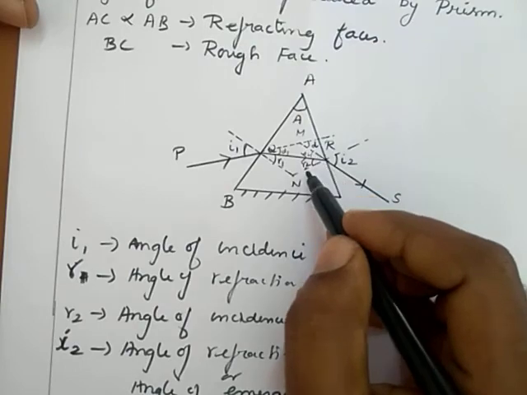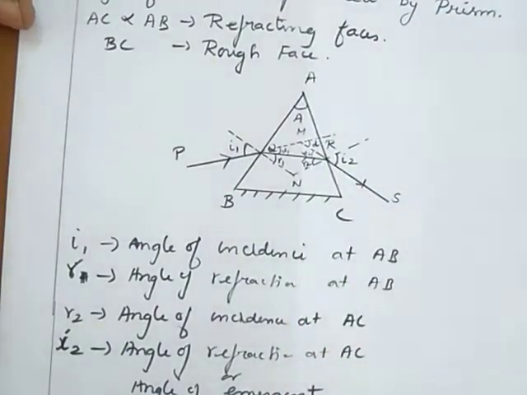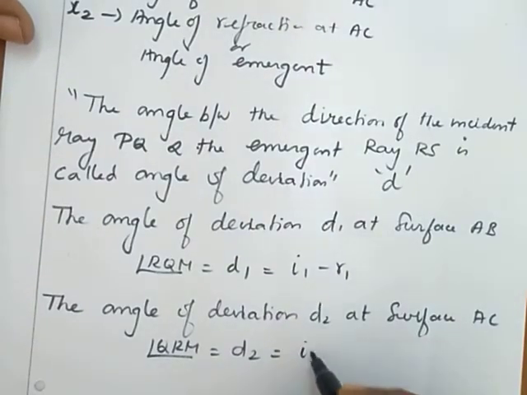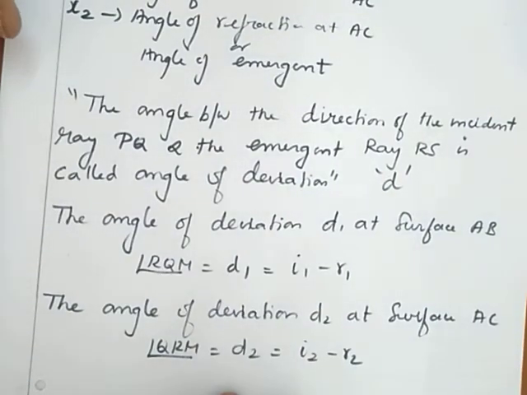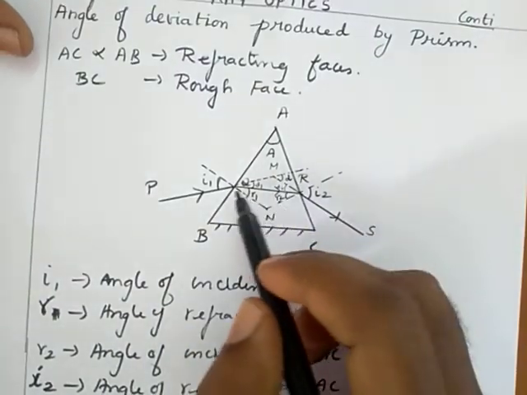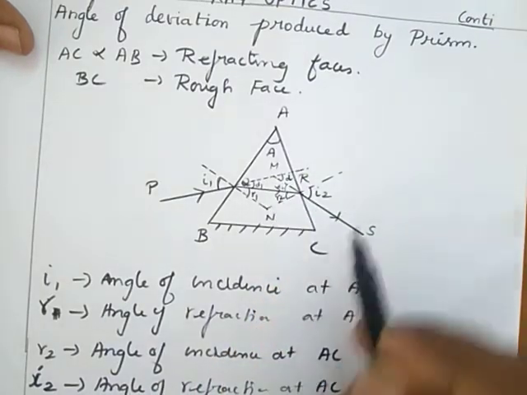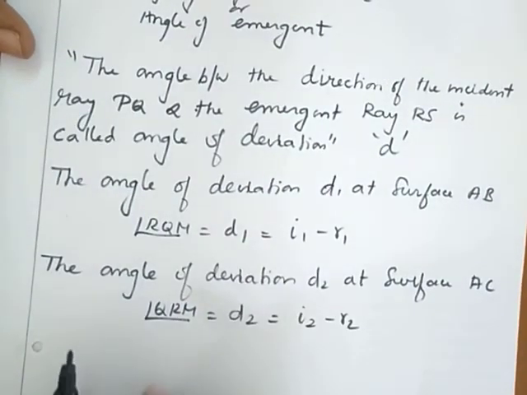We can write in the same manner D2 is equal to I2 minus R2. Then the total angle of deviation, that is the angle between the incident and emergent ray.